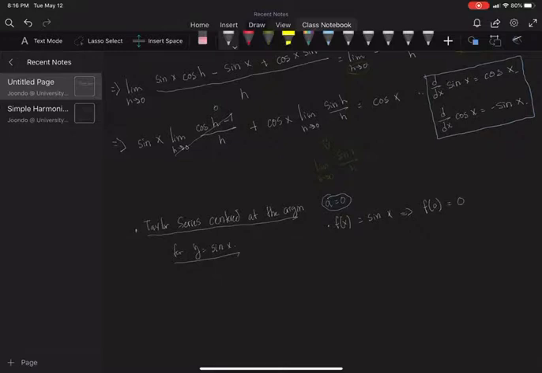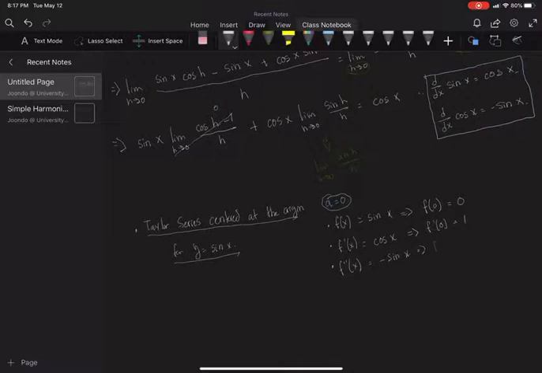Sine of 0 is 0. Here, f prime of x is cosine x, so f prime of 0 is 1. And we can continue. f double prime of x is negative sine x.